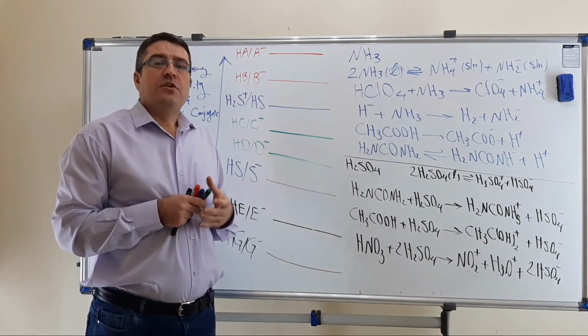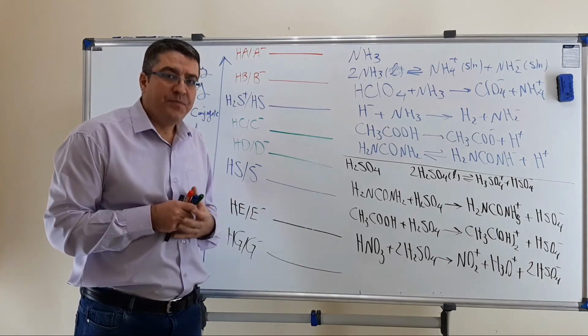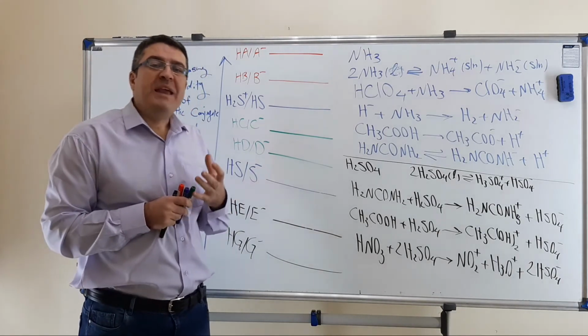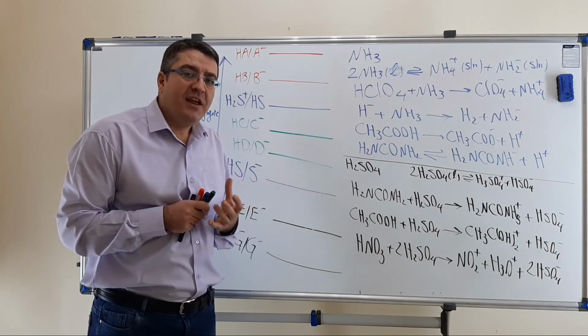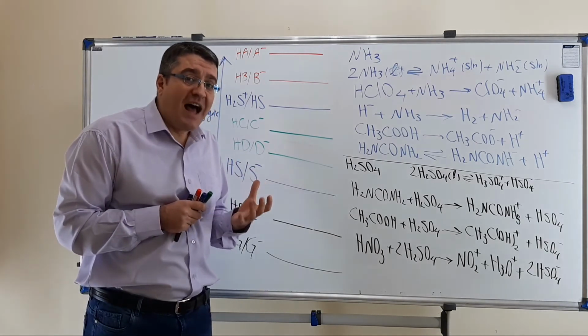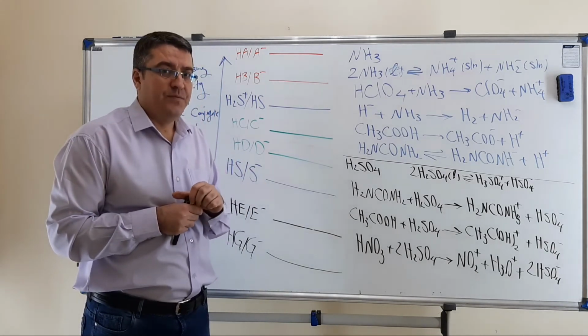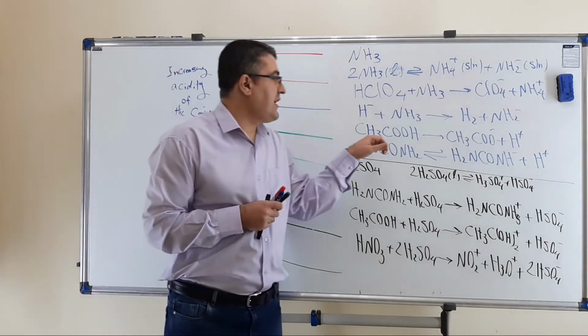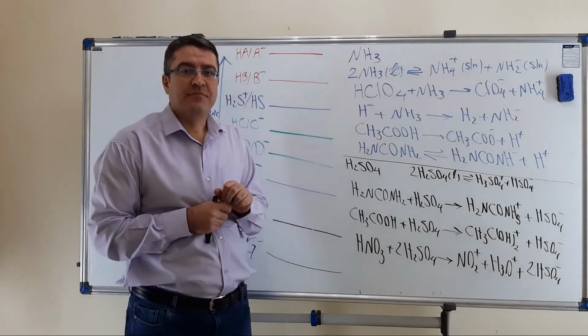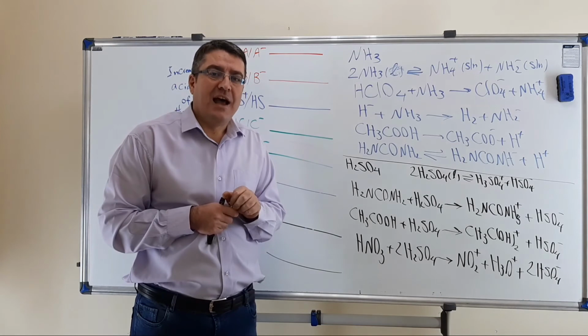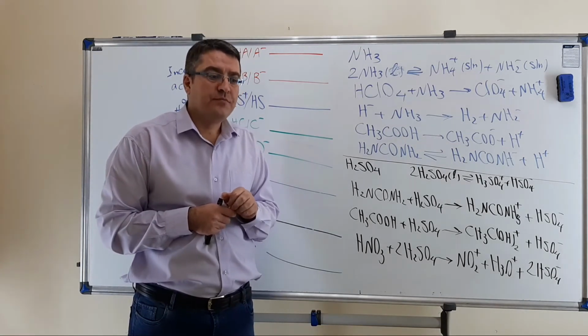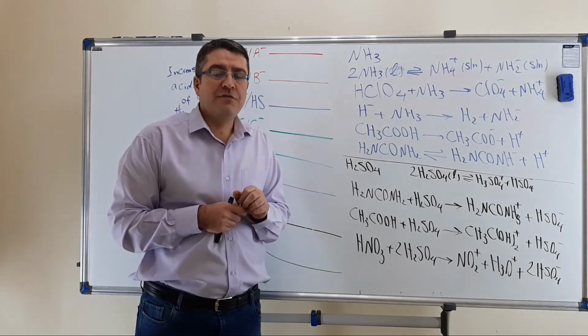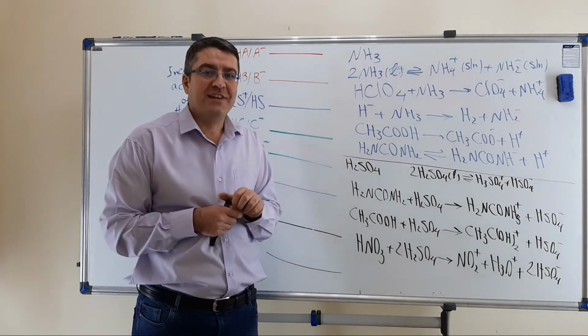Here it is good to compare the acid-base behavior of the same species in different solvents. For example, consider acetic acid. Acetic acid as our solute in aqueous solution is a weak acid.